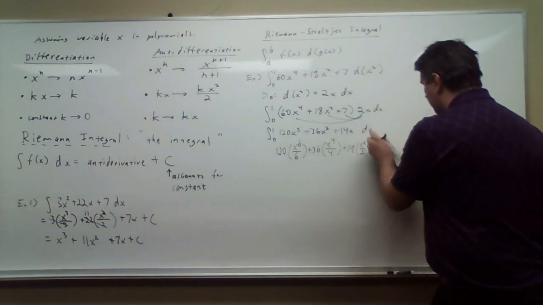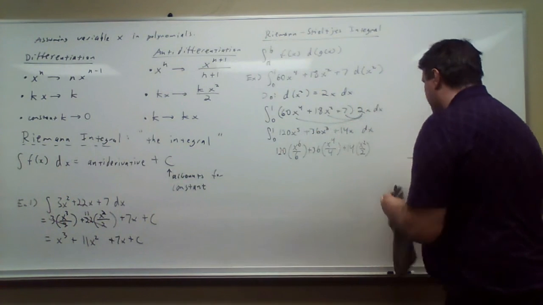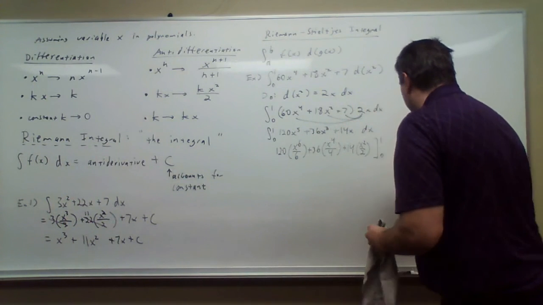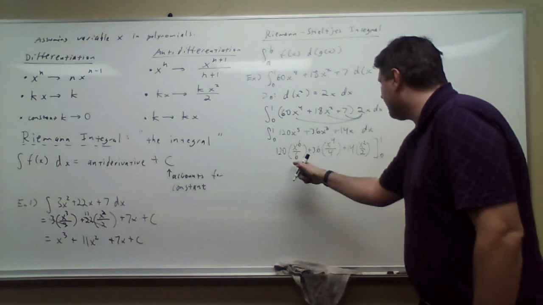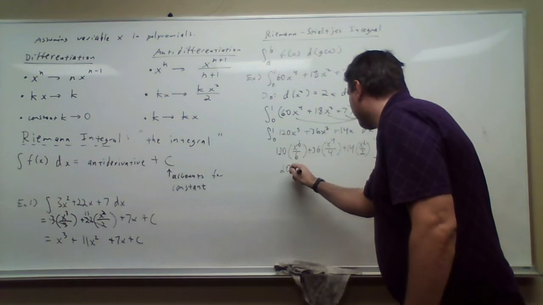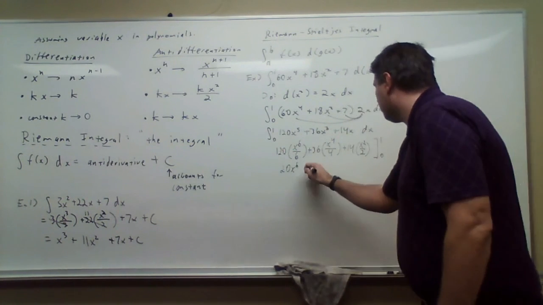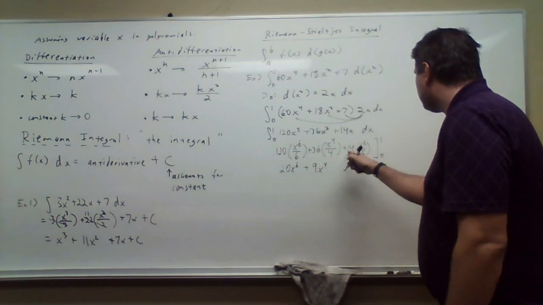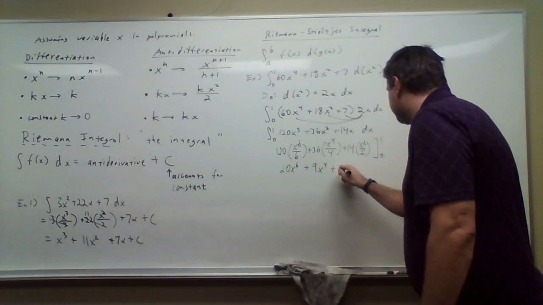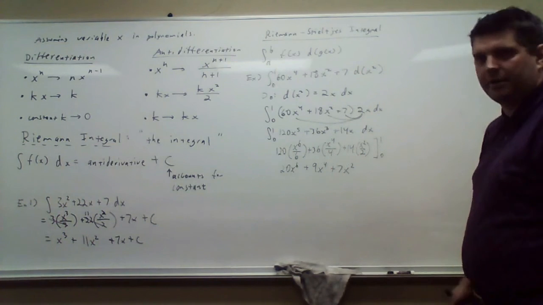I'm going to move these brackets down to make everything look more aesthetically pleasing and understandable. 120 divided by 6 is 20, so we'll have 20x to the 6th plus 36 divided by 4 is 9, x to the 4th, 14 divided by 2 is 7, and then we have x squared.